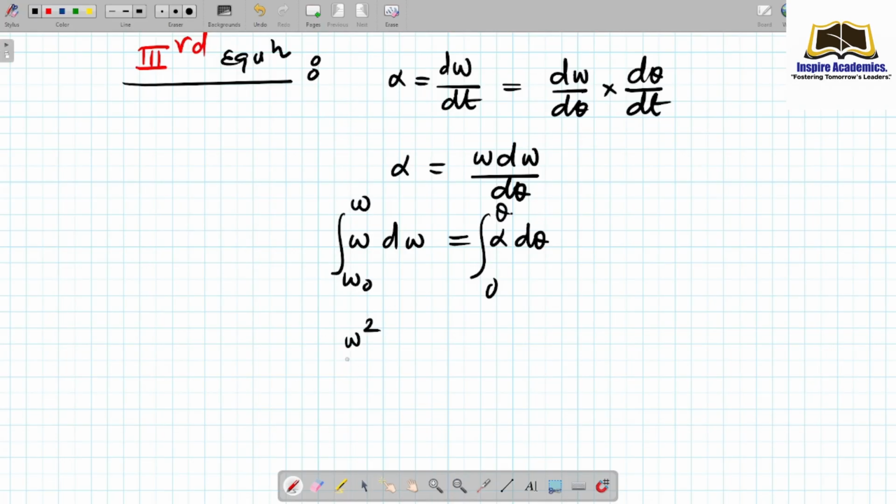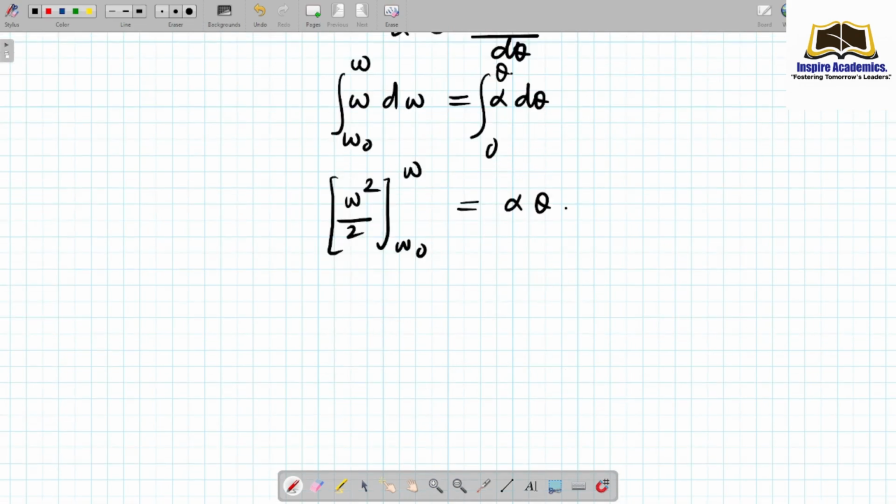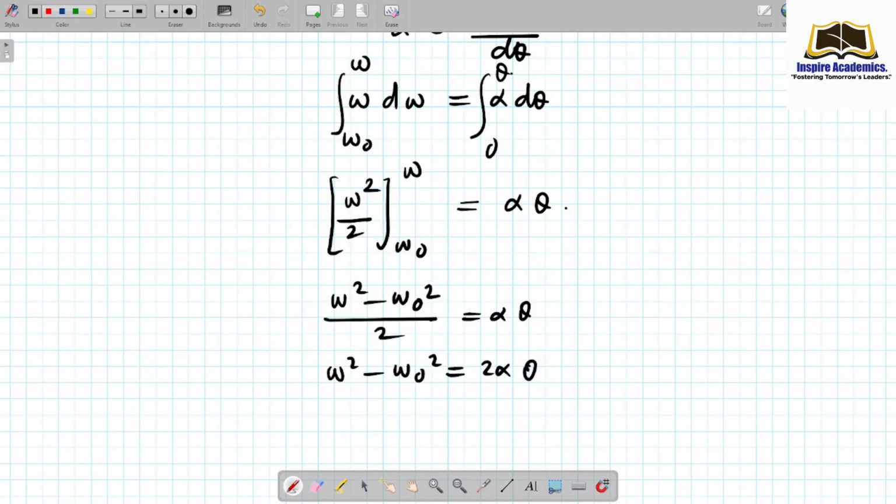Omega square upon 2, beginning with omega naught and ending with omega, is alpha theta. Are the steps understood? So we will have omega square minus omega naught square upon 2 as alpha theta, or omega square minus omega naught square is 2 alpha theta, or omega square is omega naught square plus 2 alpha theta.